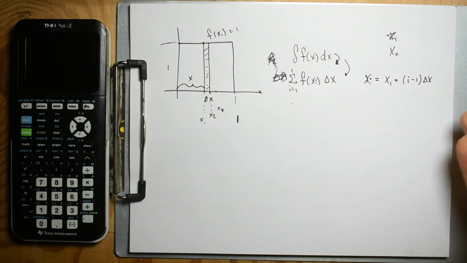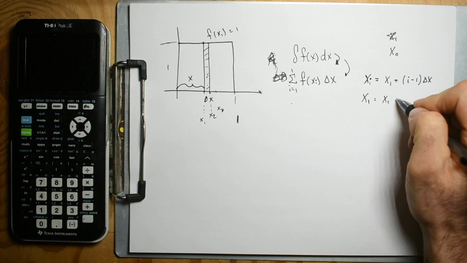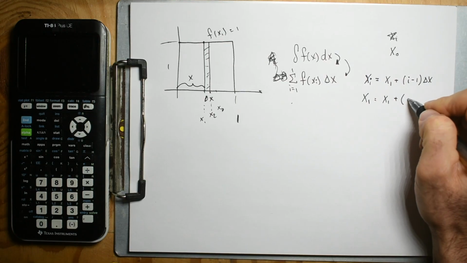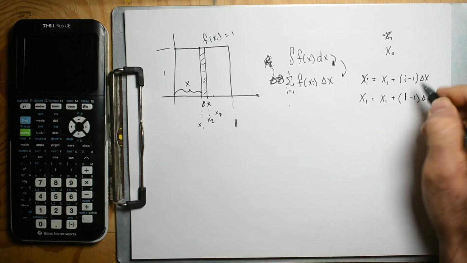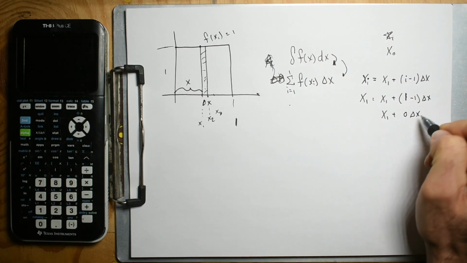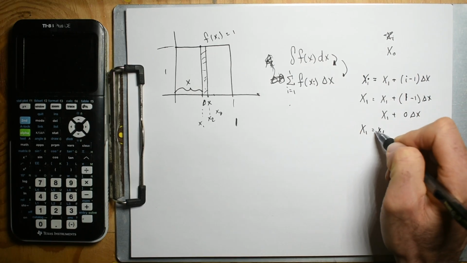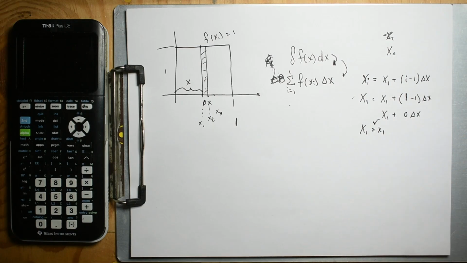I think I could do that. I don't see why I couldn't. Let's just do what x1 is. x1 is x1 plus I minus 1 change in x. Oh sorry, the I is 1, which is x1 plus 0 change in x. x1 is equal to x1. I mean, it looks legit. You have an equation equal to an equation.